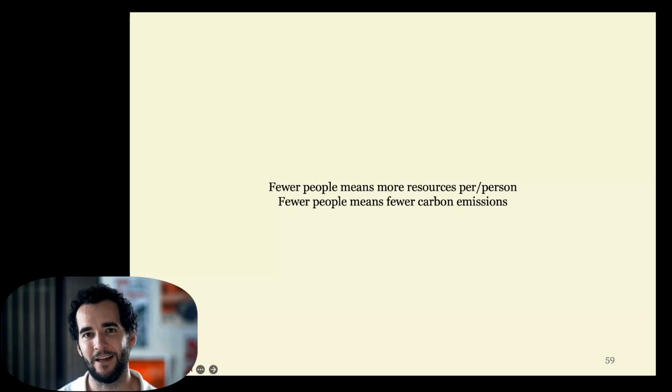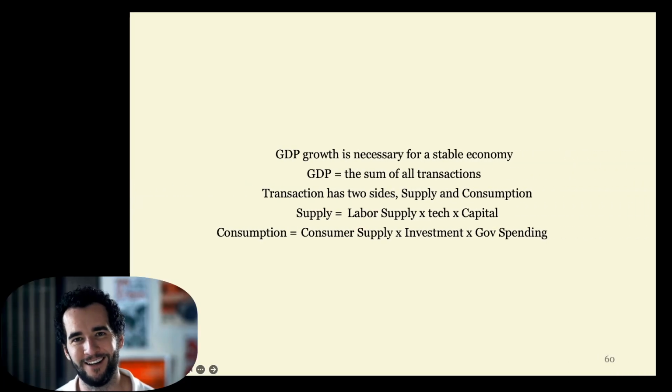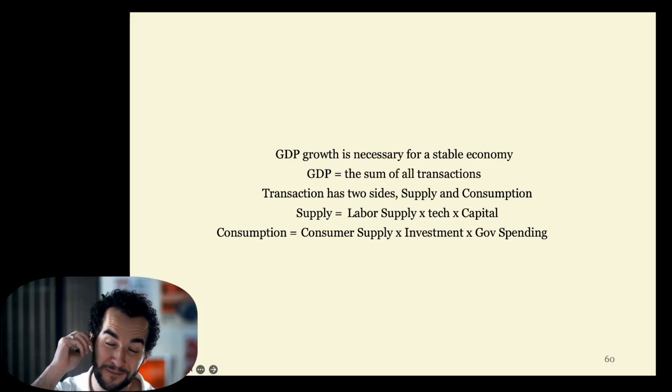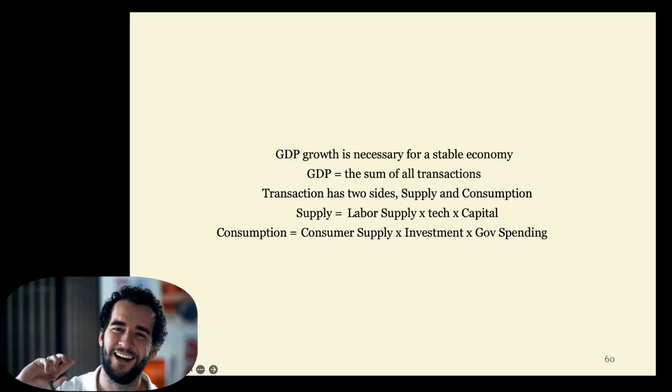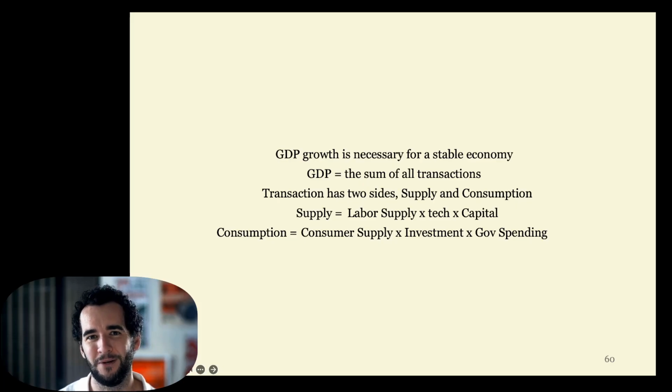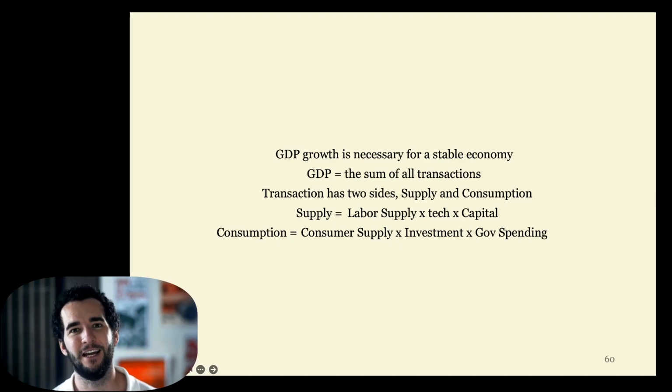To understand that threat, though, the threat isn't a problem for resource distribution. The threat it presents is to capital accumulation. So to describe that in a bit of detail, we'll briefly describe how the economy functions in relation to GDP.